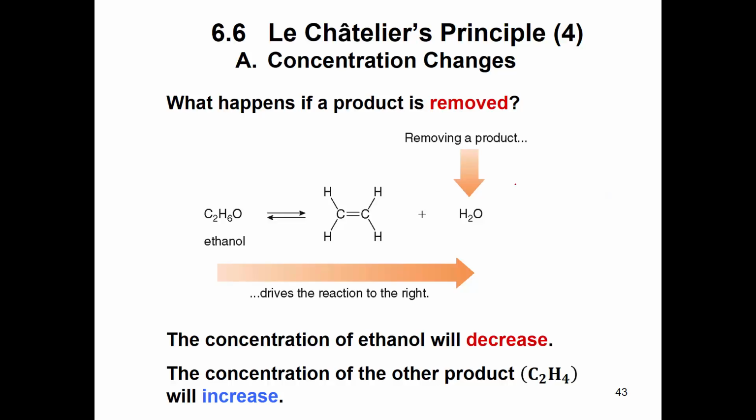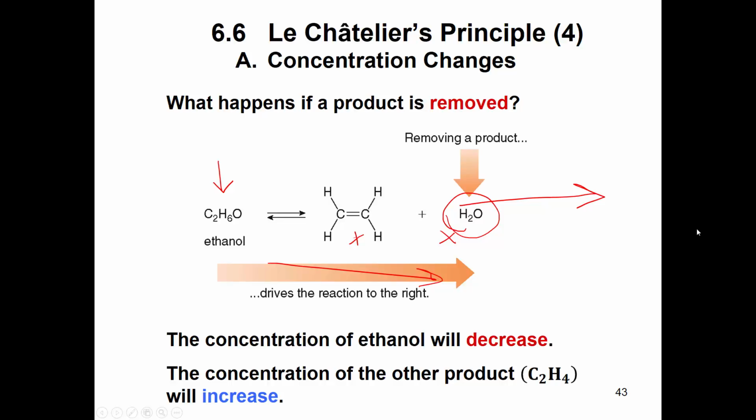Water is a product here, so if I'm removing water, I am pulling it to the right. That means I'm going to make more product, because I'm having to remake product to reestablish equilibrium. So what has to happen to the reactant? It has to decrease.